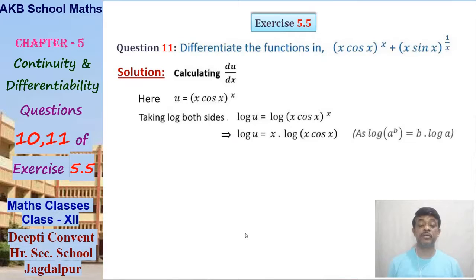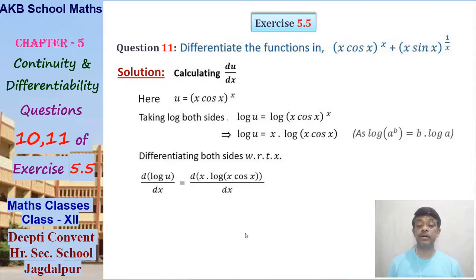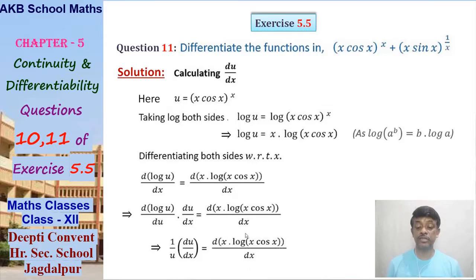Now differentiate both sides with respect to x. So d by dx of log u, d by dx of x into log (x cos x). Okay. Now on the left side d log u upon du times du upon dx, that is 1 by u du by dx, and on the right side d by dx of this.